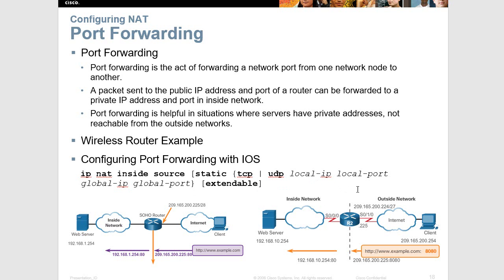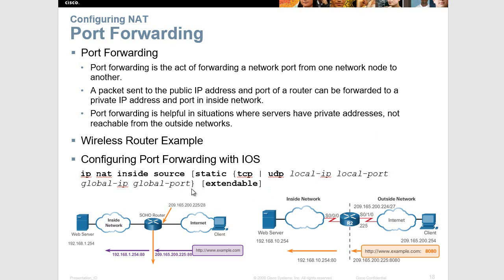Then you're going to type in the local IP address and local port that you want the traffic forwarded to, okay. Then you're going to type the global IP and global port that you're going to receive traffic on to be forwarded. And the extendable is you could type in extra commands out here at the end here.